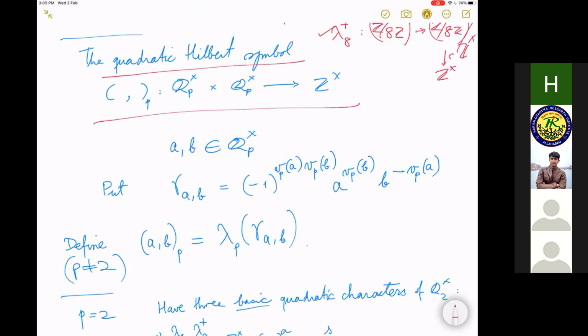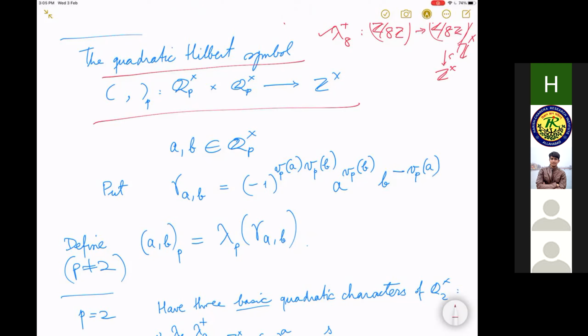It's minus 1 to the power the product of the valuations, and then A to the power the valuation of B, and B to the power minus the valuation of A. So this gamma is actually an element of ZP star. It's a unit because minus 1 to any power is a unit, and A to the power the valuation of B, and B to the power minus the valuation of A, the valuations will just add up to 0. So it will be a unit.